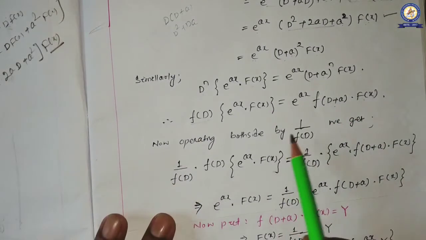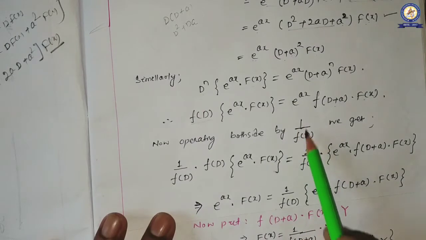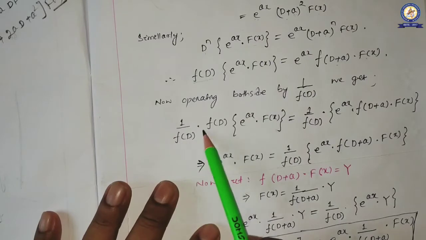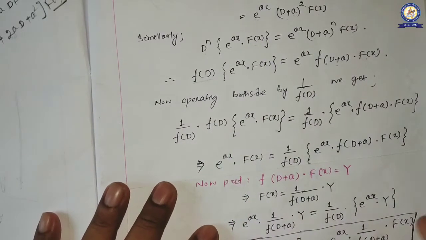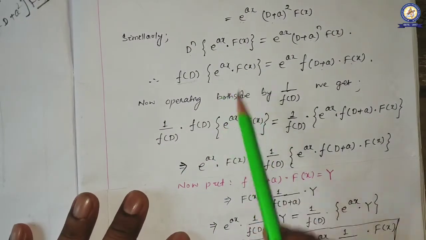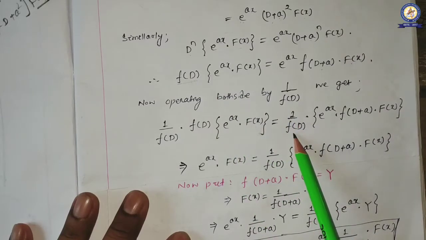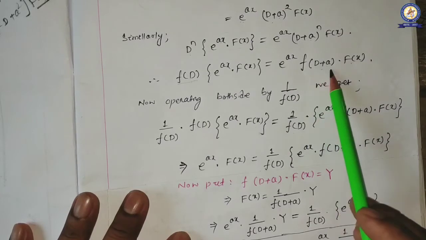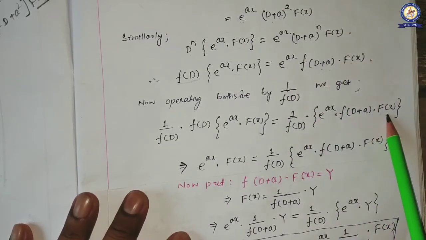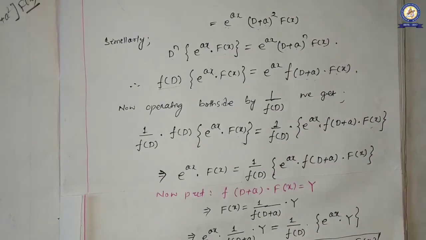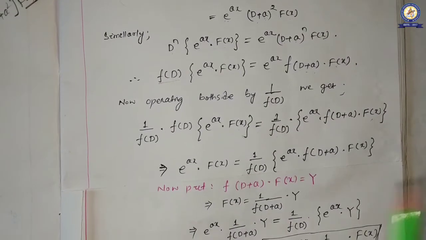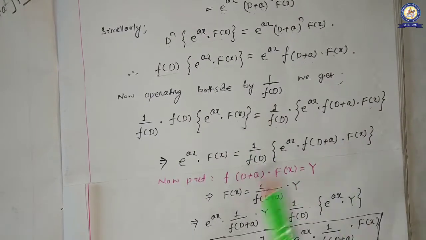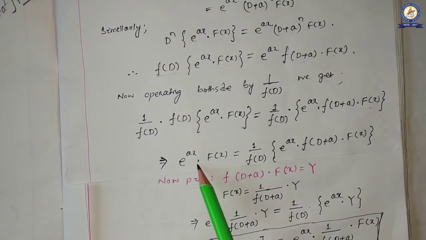Now we have to operate 1 by f(D) on both sides of this equation. Then 1 by f(D) into f(D), into this much e^(ax) F(x), equals 1 by f(D) into this much e^(ax) f(D plus a) into F(x), right? So here f(D) got cancelled. We got e^(ax) into F(x).